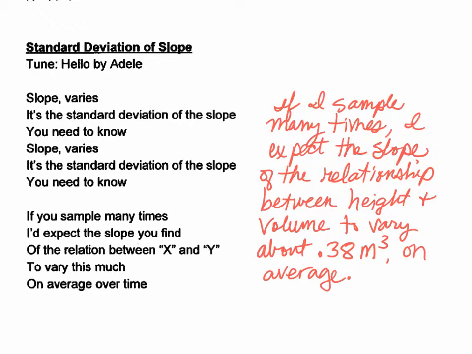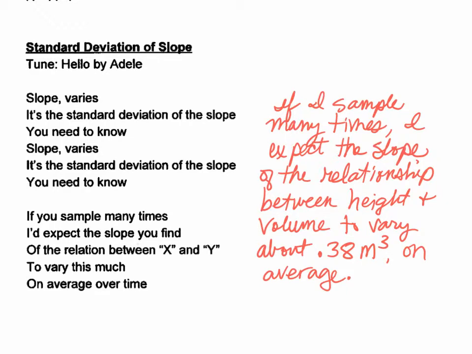The average amount that the actual volume varies from the expected or predicted volume is about, in this case, 13.4 cubic meters.